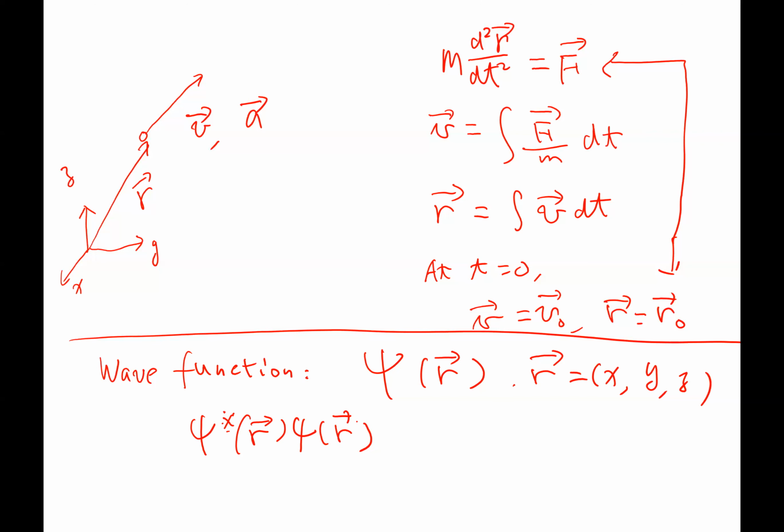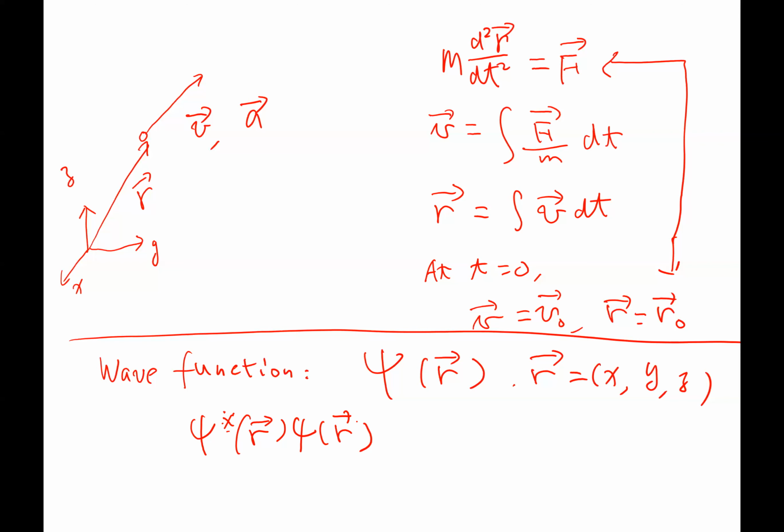You can see that this is a function of r. In general, psi is a complex function, but if you multiply it by its own complex conjugate, you get a real function. This means that it's something which is measurable.